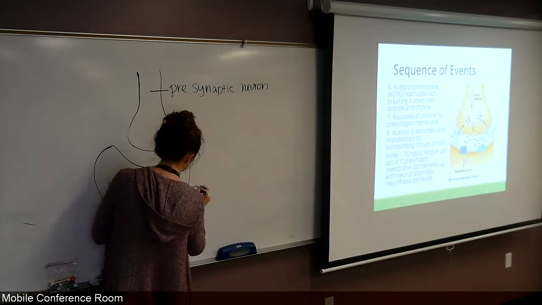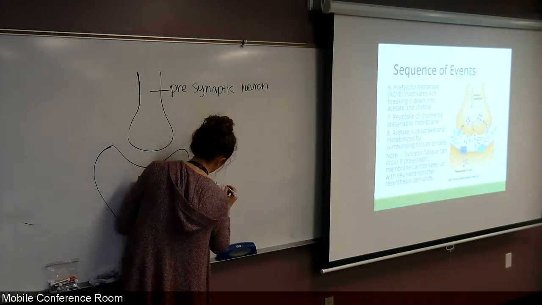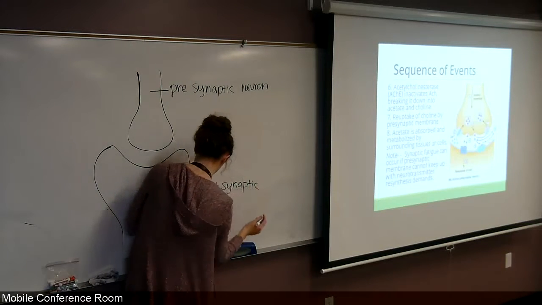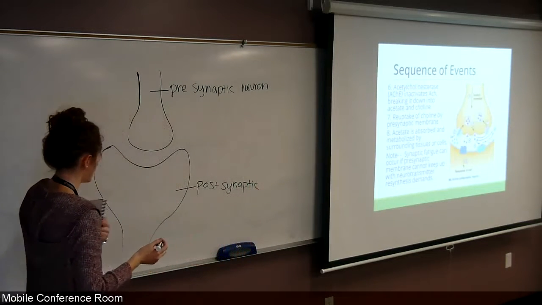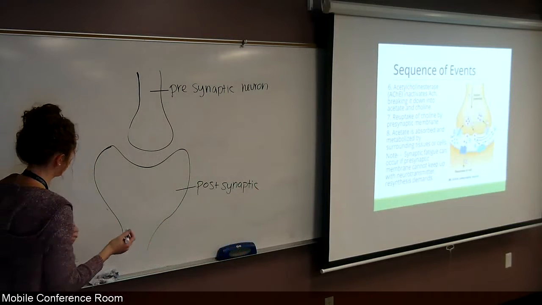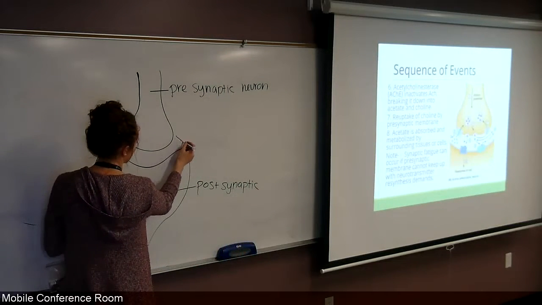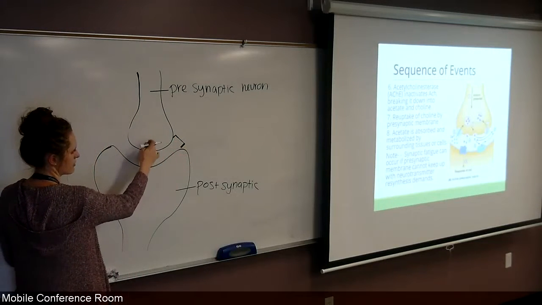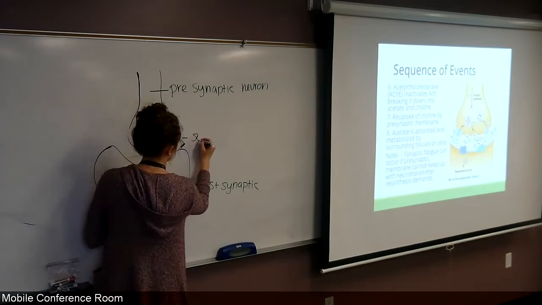And you can guess postsynaptic neuron. Okay, the synaptic cleft is literally just this gap. It's where those neurotransmitters are going to be expelled from one to the other. So synaptic cleft.